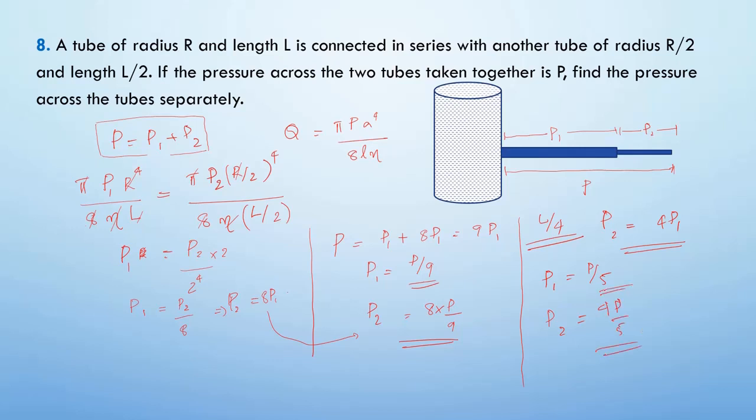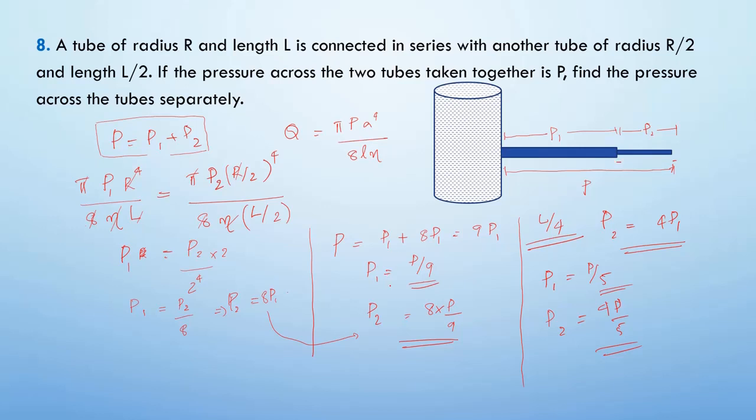So, let us see in this equation which one has the highest pressure. The pressure on P2 is the highest. That is, the pressure difference between these 2 points is higher than the pressure difference between these 2 points. And also we can see that the pressure difference increases as the length decreases.